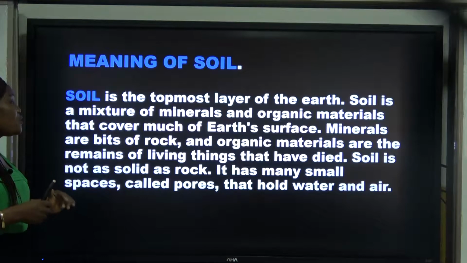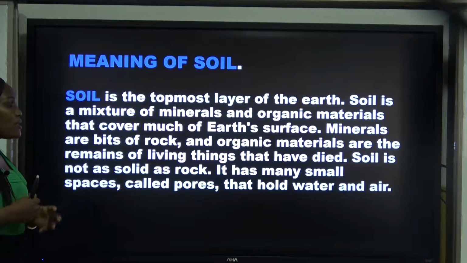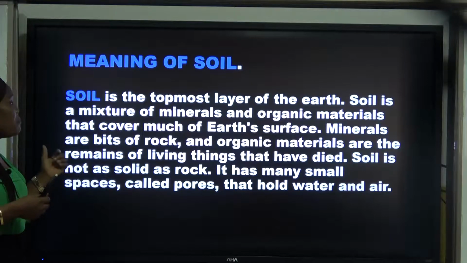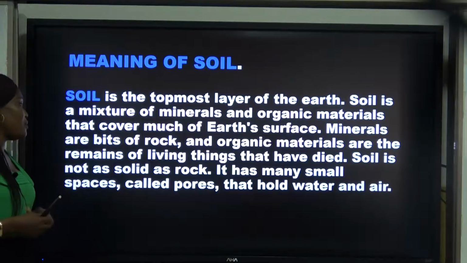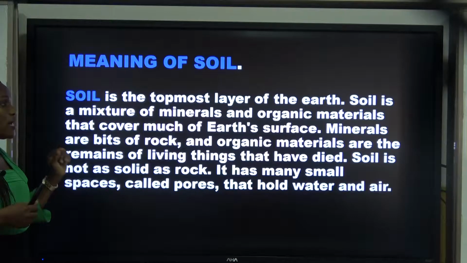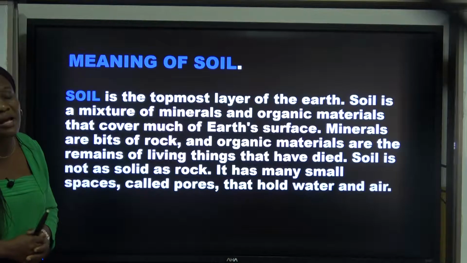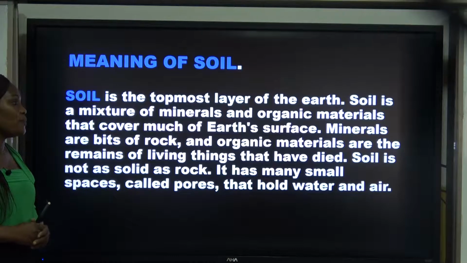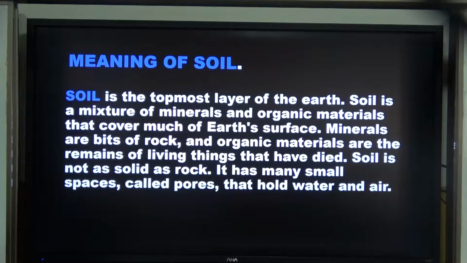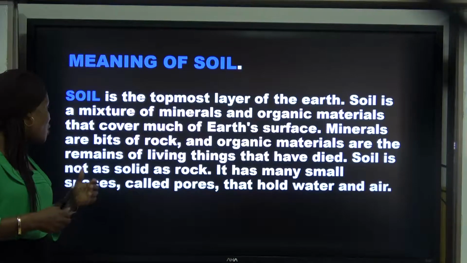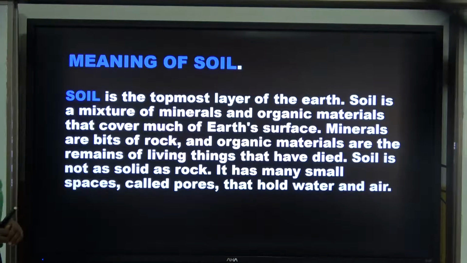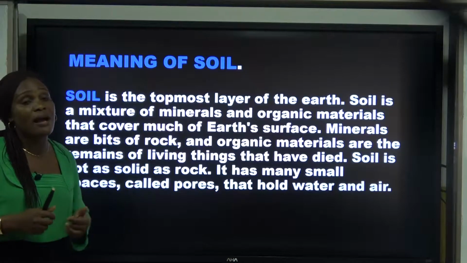Minerals are bits of rock, and organic materials are the remains of living things that have died. Soil is not as solid as rock. It has many small spaces called pores that hold water and air.